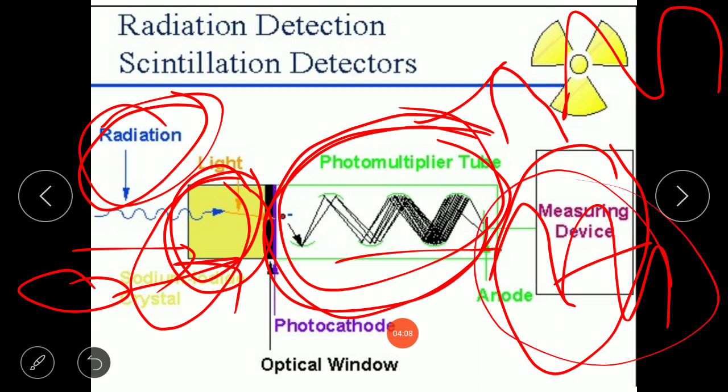Now what are the advantages of the scintillation counter? The first advantage over the Geiger-Müller tube is that it is more sensitive and can detect lower levels of radiation. Second, these crystals not only produce a flash of light upon being struck by nuclear radiations, but also when struck by X-rays.